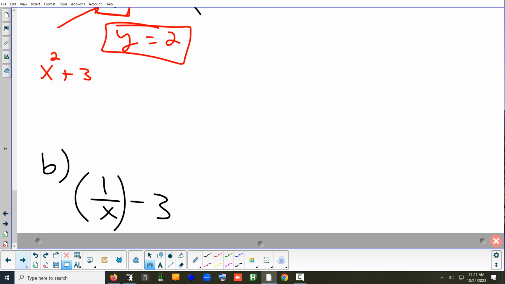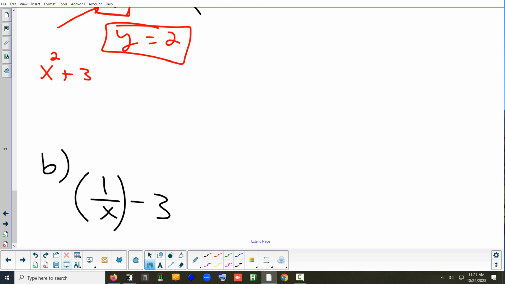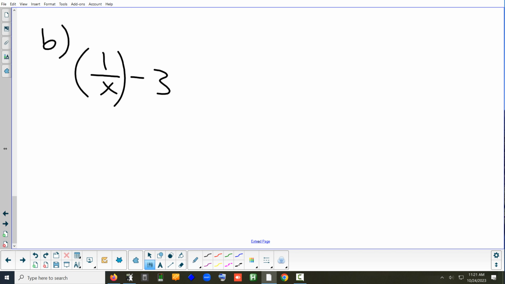Okay, let's try this one. So again, imagine plugging in a really, really big number for x. Think about what's going to happen to what's in the box, think about what it gets close to, and then subtract 3 from that. So what happens to that whole expression as x gets bigger and bigger?